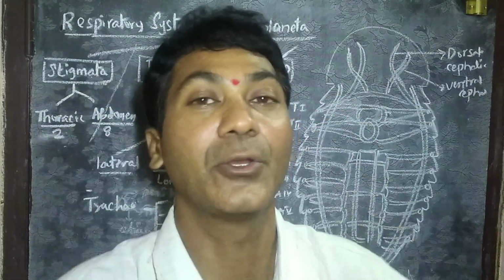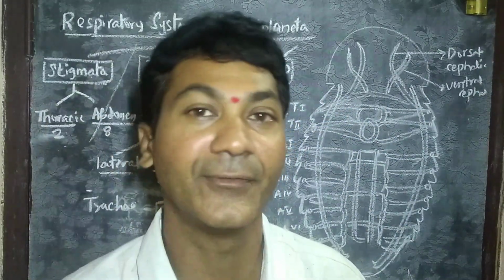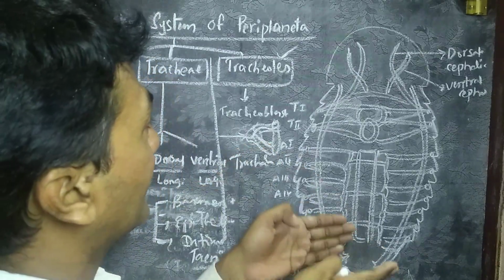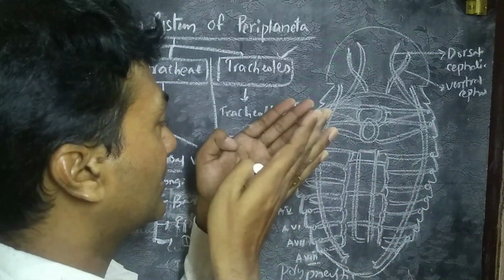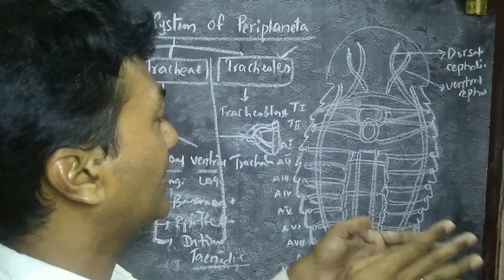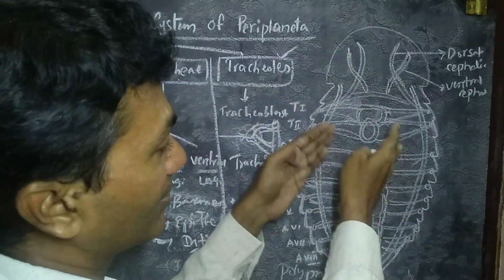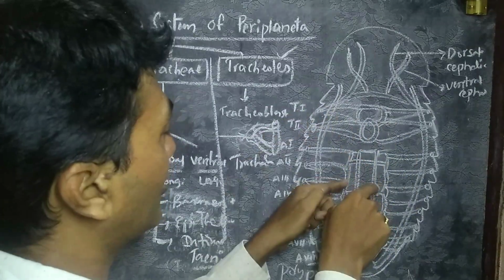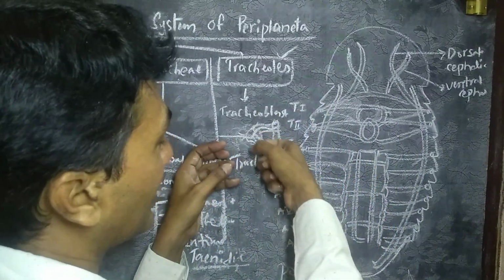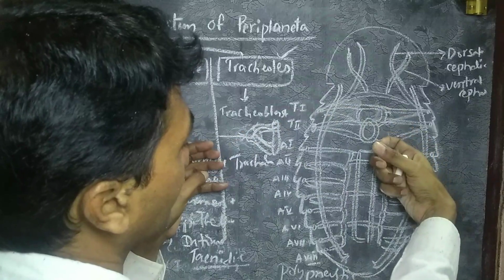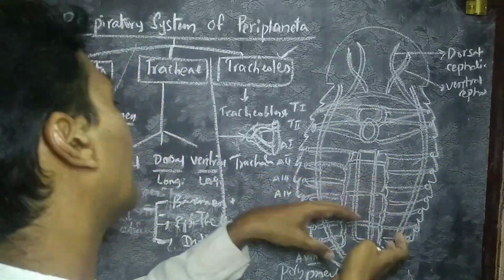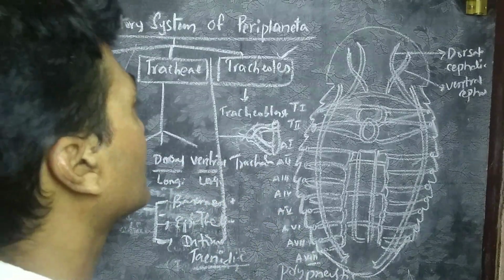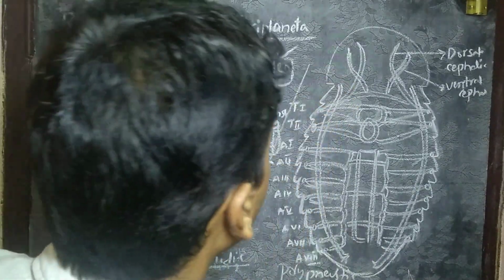Tracheoles contain tracheolar fluid. So this is the difference. The occurrence of tracheolar fluid is based on the state of the cockroach. If it is in active mode, the tracheolar fluid enters into the muscle, and when it is at rest, it gets back into the tracheoles. So this is regarding tracheoles.